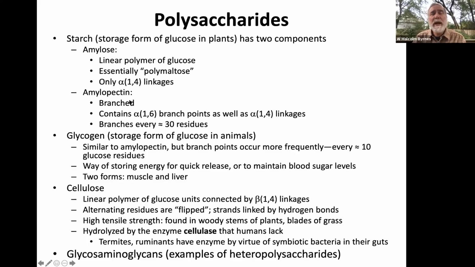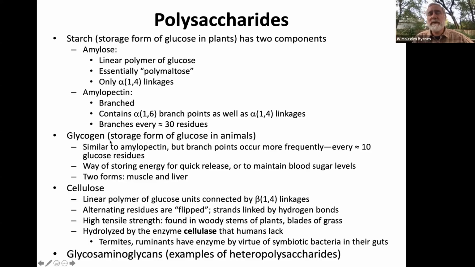And the other component of starch is amylopectin. This is a branched polymer, not linear, and it contains so-called alpha-1,6 branch points, as well as alpha-1,4 linkages, and the branch points occur approximately every 30 residues.